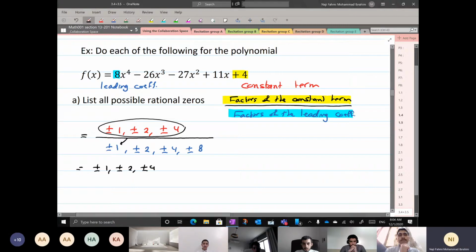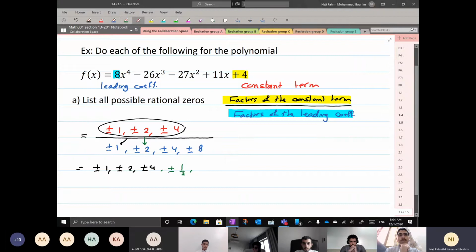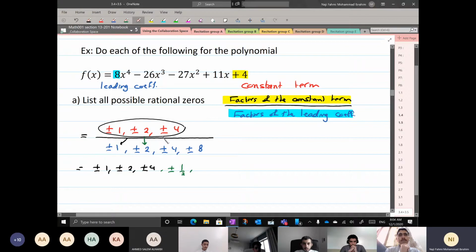What if I divide them all by 2 now? 1 divided by 2 is half. 1 and 2 are already written, Shabab. We don't repeat them. What about if I divide them all by 4? 1 divided by 4 is 1 over 4.